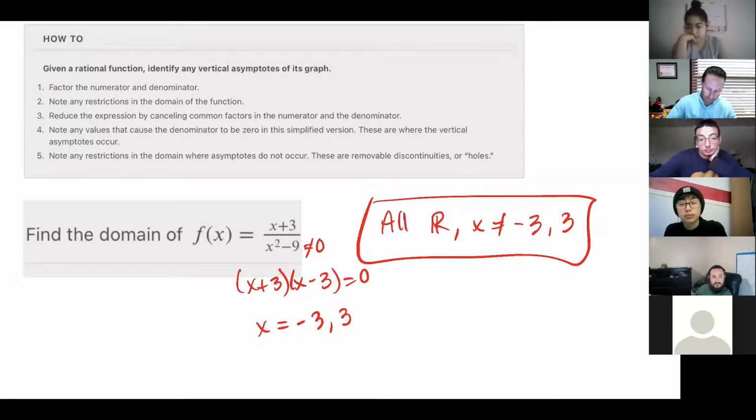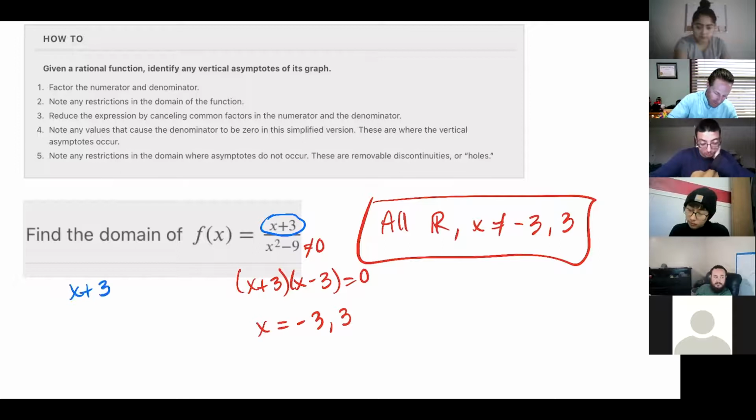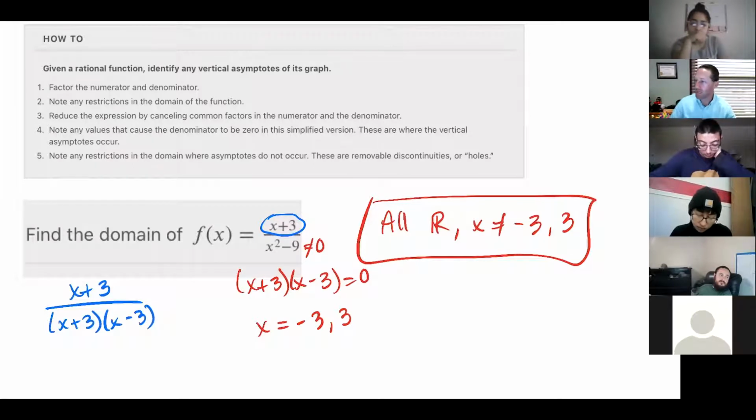Okay? Now, one thing I did want to mention, kind of a little segue example here, is what about the top? Does that mean it doesn't matter at all? Because if you notice, if I did factor that bottom and I had this, what do we usually try to do if we can in math? Reduce. Yeah, reduce and simplify.